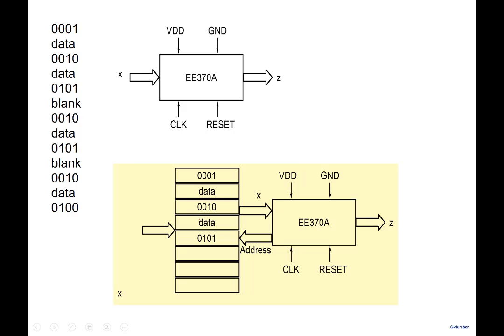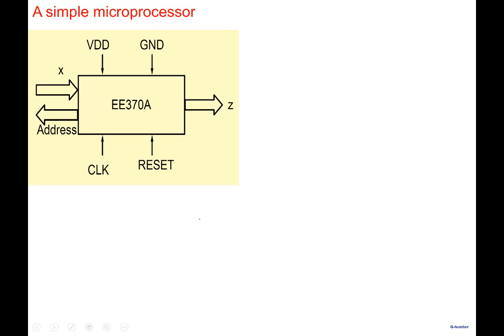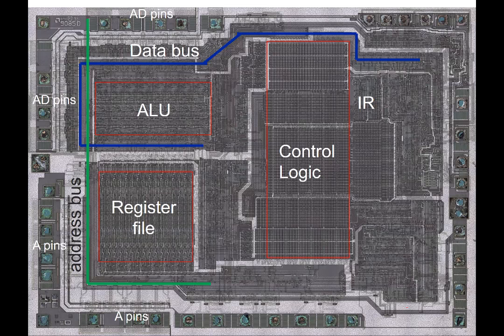All right, so let's stop here. Before we leave, I just wanted to show you this picture of a data bus. This is an early microprocessor about which we'll spend a little bit of time, the 8085 microprocessor. There is an arithmetic logic unit, ALU, an instruction register, and a set of internal registers, the register file.